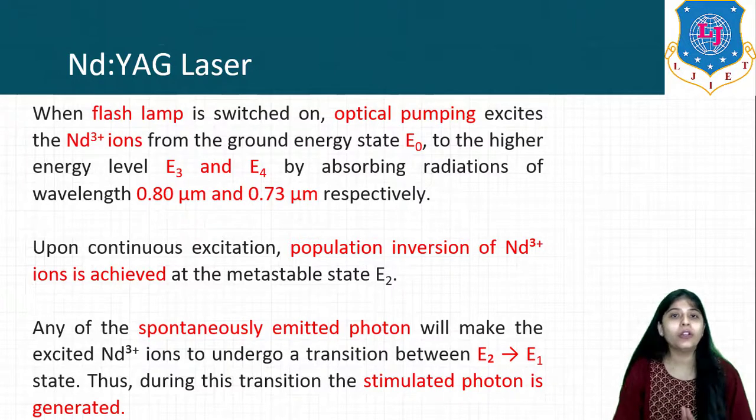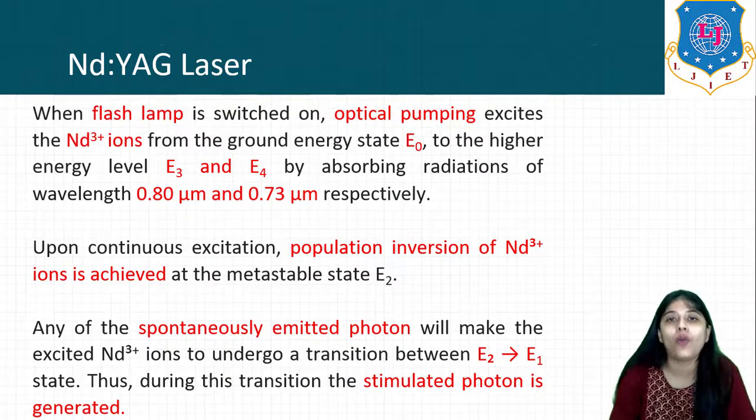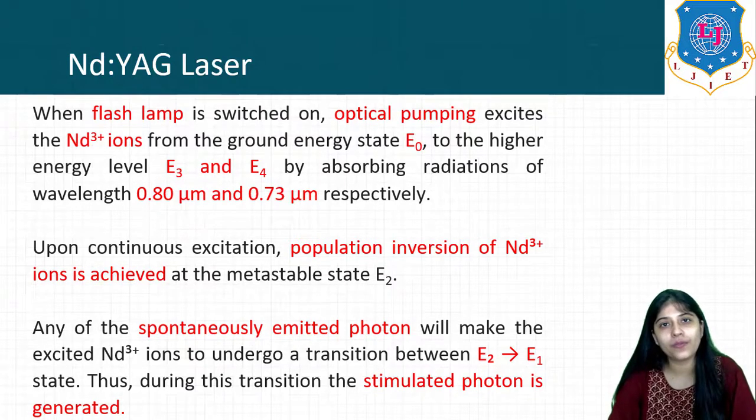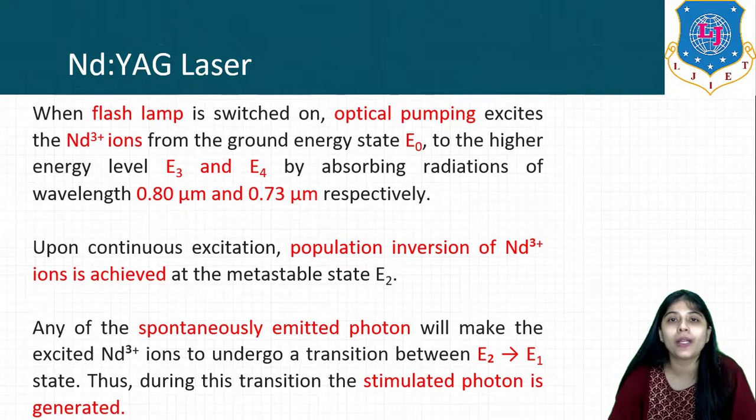Now, based upon the active medium and the method of pumping. Again, what is the active medium? The medium in which the population inversion state is achieved. Based on different active media and different methods of pumping, lasers are classified into solid state laser, liquid laser, gas laser, then semiconductor laser and chemical laser.